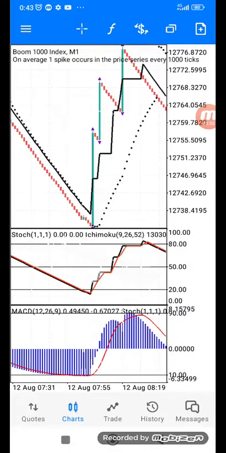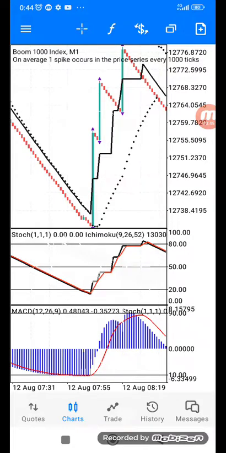Now, how can we determine our spike here? The first thing we need to identify, which is very, very important, is the first window where we have the stochastic and Ichimoku.